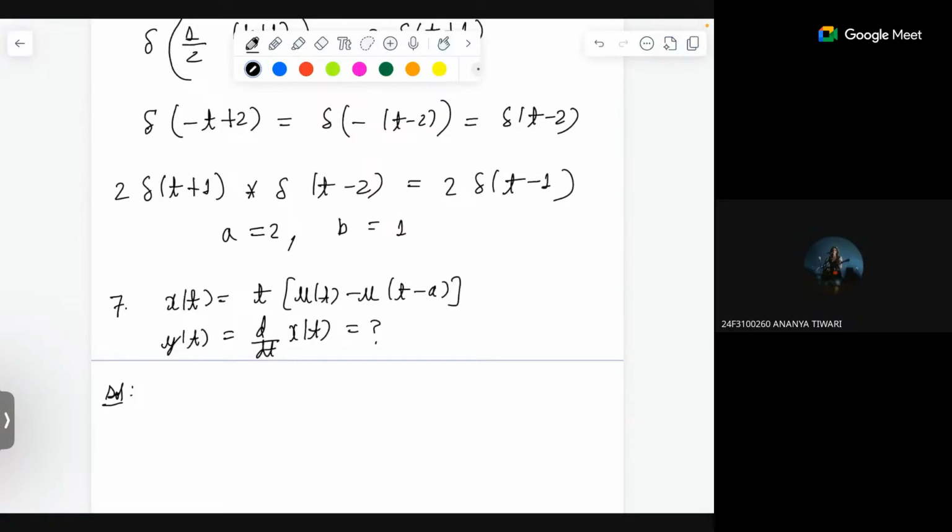So here you can try to form ramp for both of them. Then you know that the derivative of ramp is unit step. And you can also try to sketch y of t if possible. Ananya, once you get the answer, now tell me.